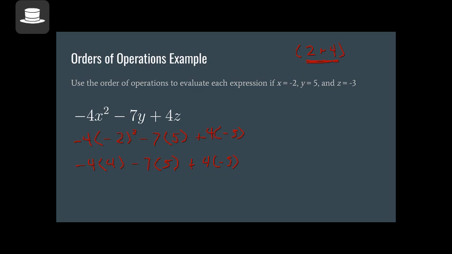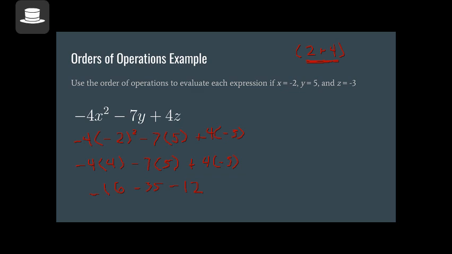So I can use multiplication. So here I have multiplication. -4 times 4 is -16. I have -7 times 5 is -35. I have 4 times -3 is -12. And you can plug these each individually in the calculator. And so now I've moved on from multiplication.